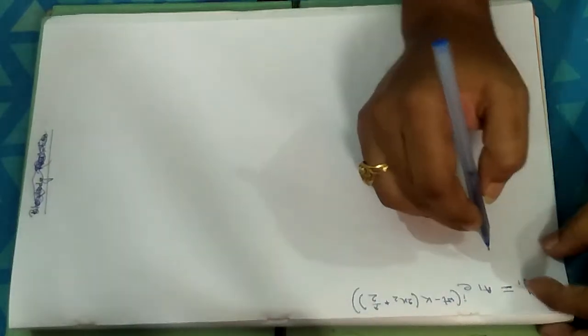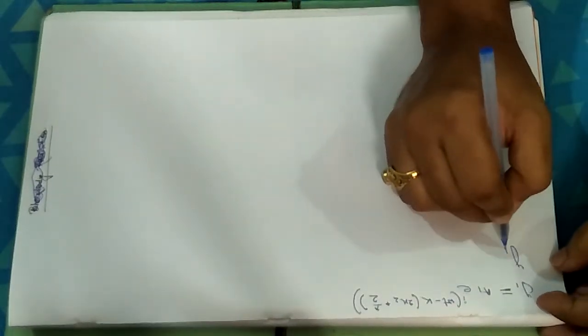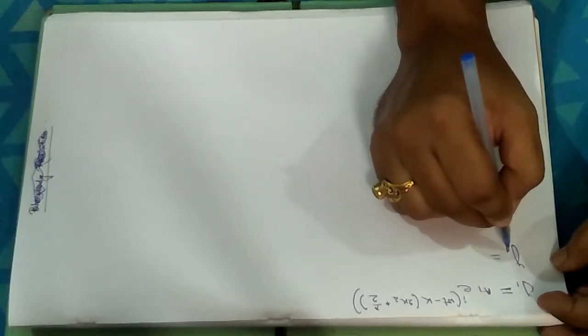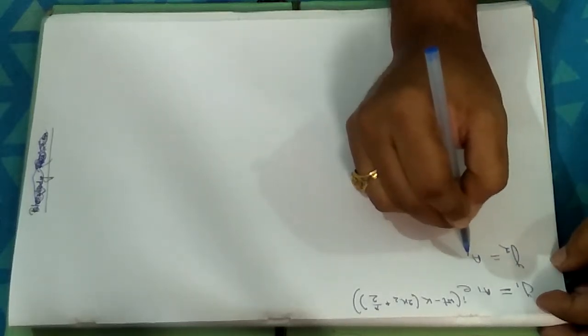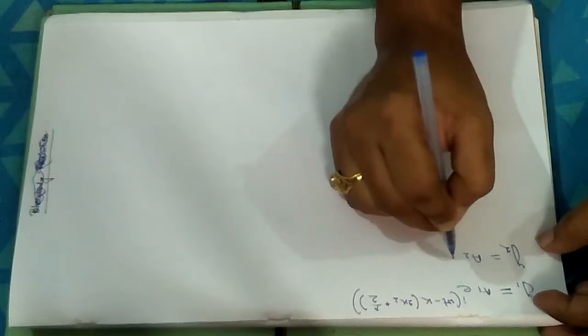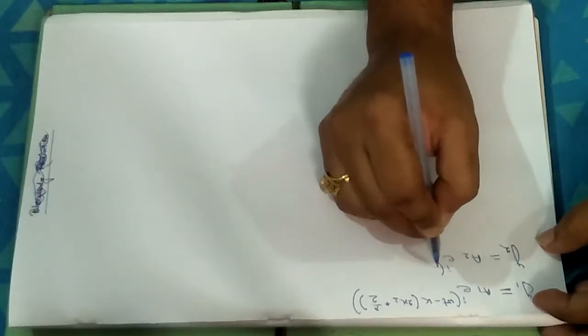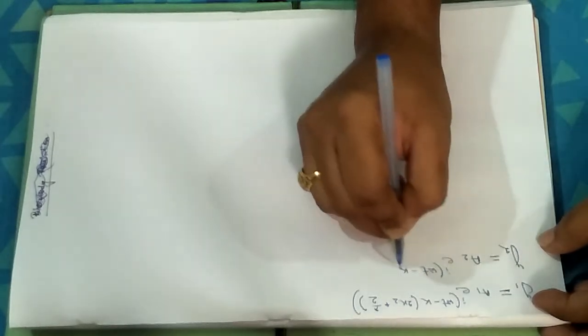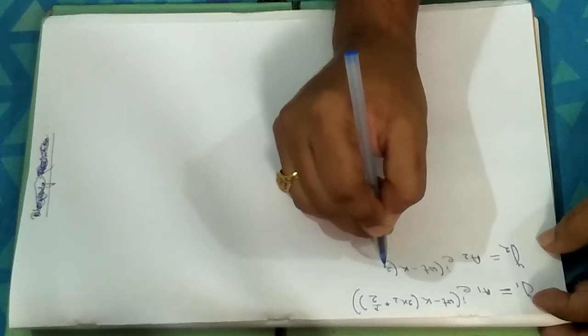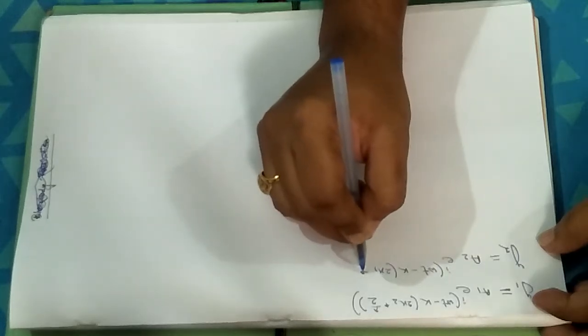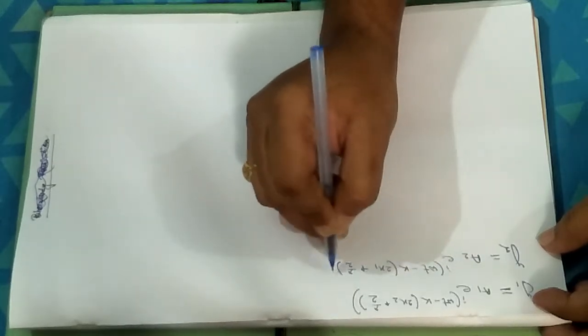Similarly, the other ray has the disturbance y2 = a2 e^(i(ωt − k(2x1 + λ/2))).